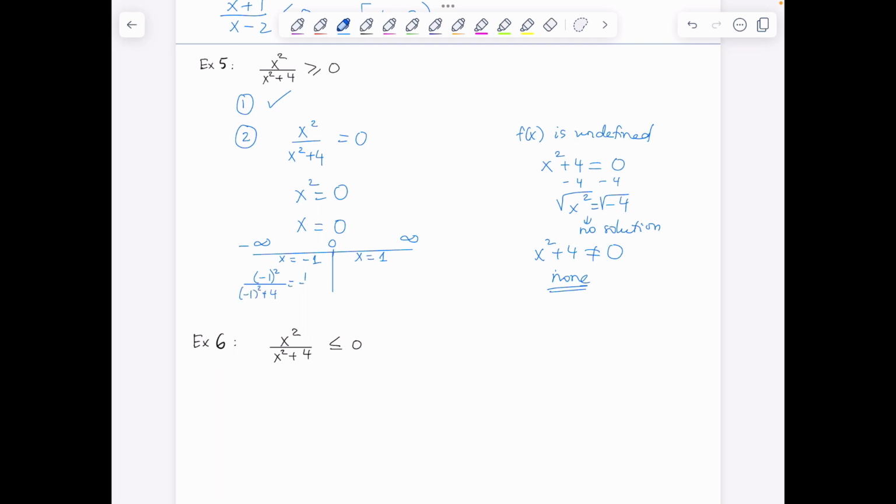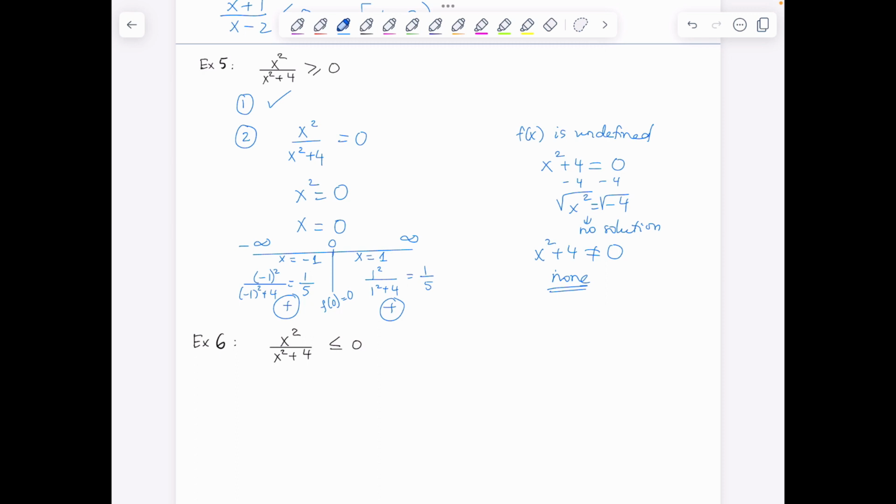So that's 1 over 1 plus 4 is 5. So it looks like it's positive. Of course, we make a little note here that f of 0 is equal to 0. And then x is equal to 1. So 1 squared over 1 squared plus 4. That's 1 over 5. So it's also positive.